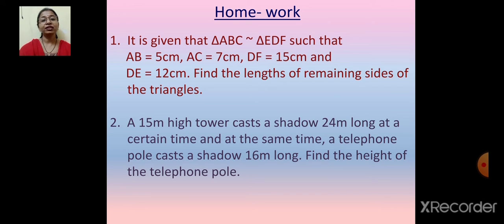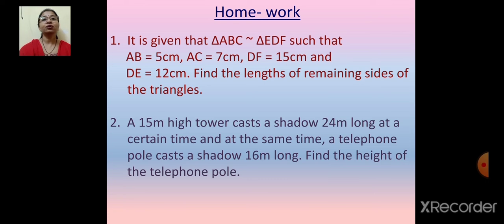So we have already discussed that the angle of elevation, the angle made by the sun at the same time is equal, right? So by that both the angles are equal.